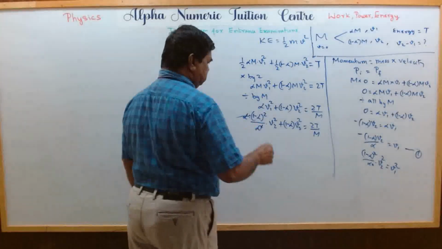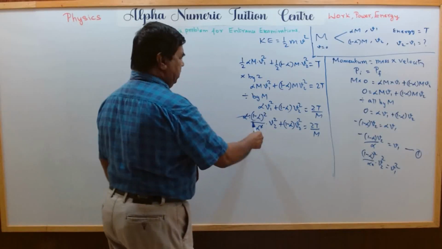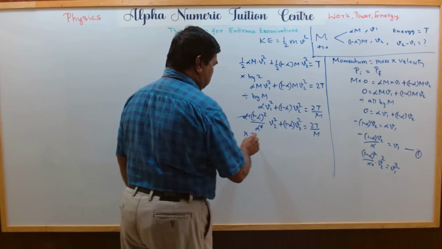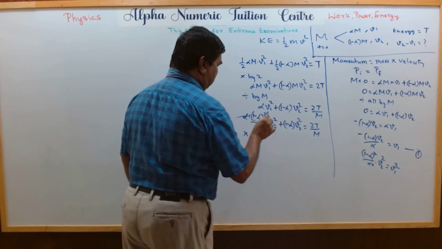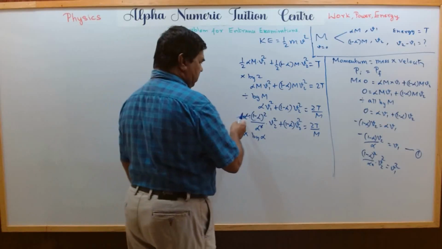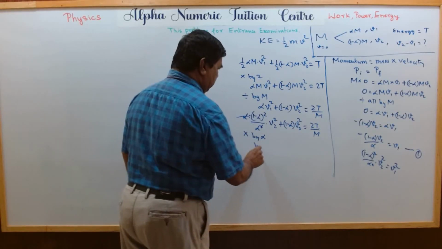So here one alpha will cancel, and the remaining one alpha is in the denominator. Now multiplying all by alpha, the alpha will get cancelled.